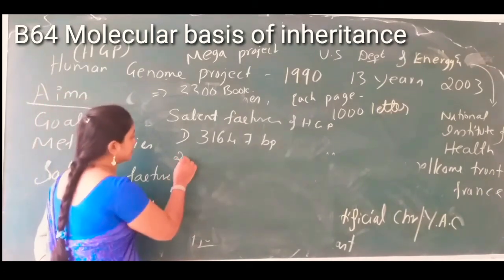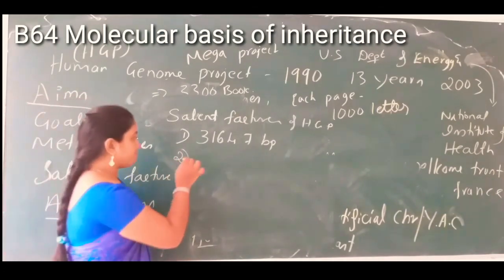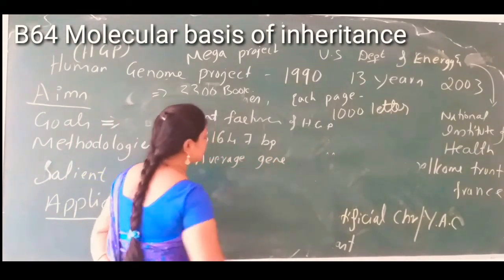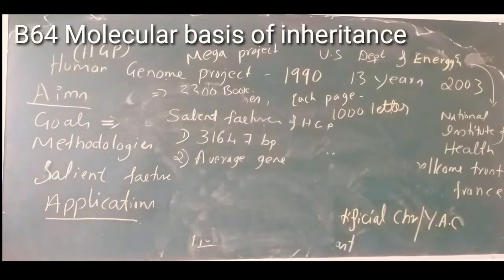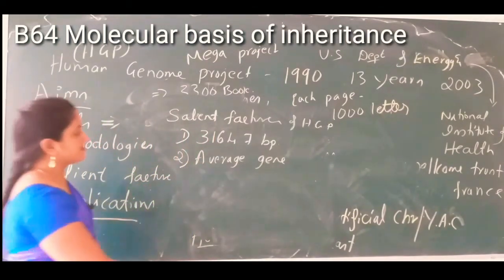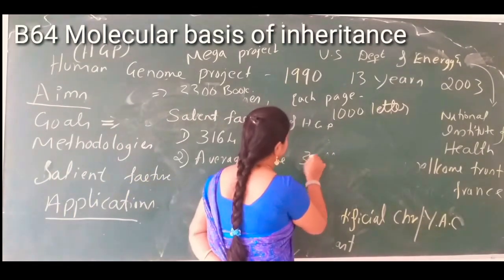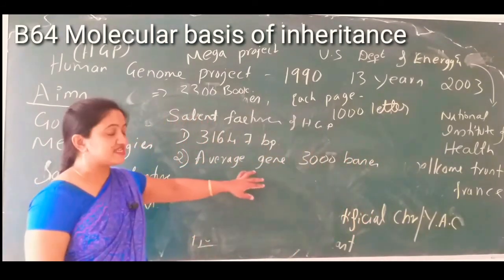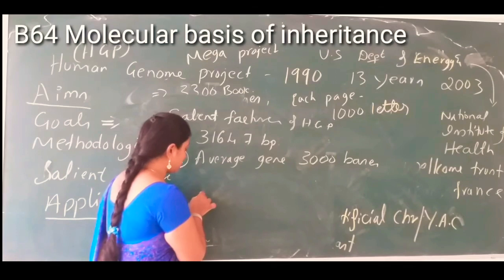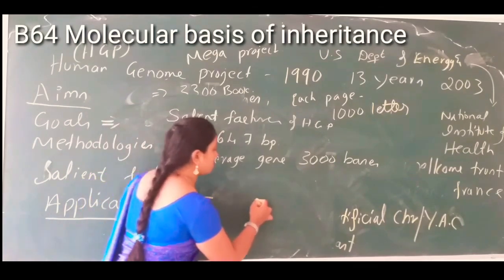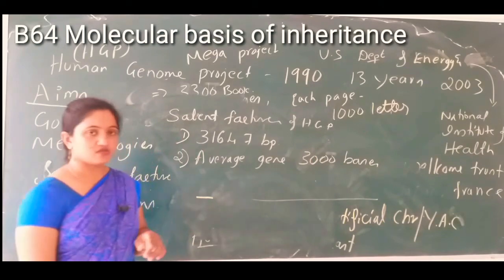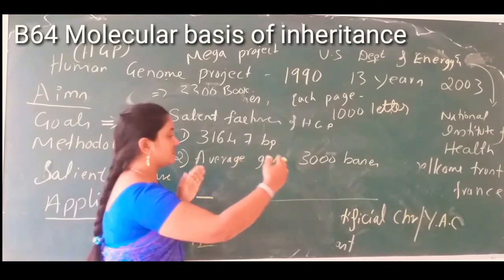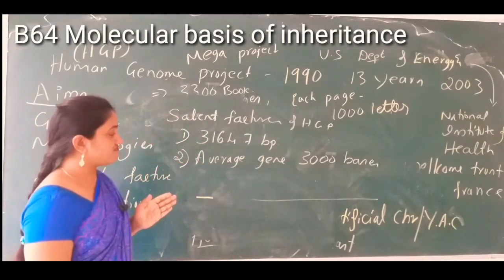The next is that an average gene contains 3000 bases. What does that mean? An average gene means not a short gene or a long gene, but an average out of the lengths of all genes.